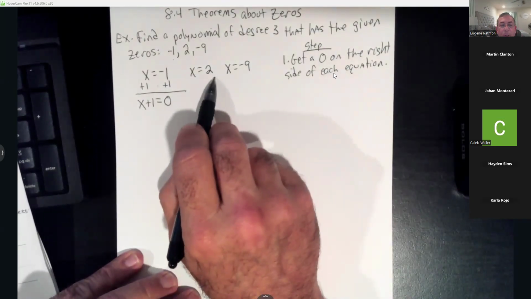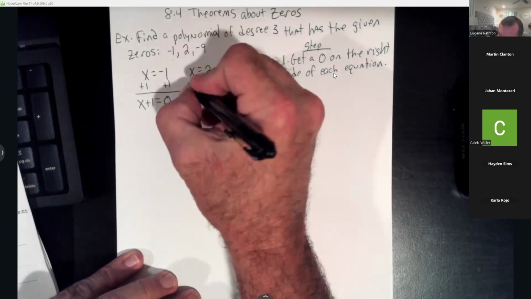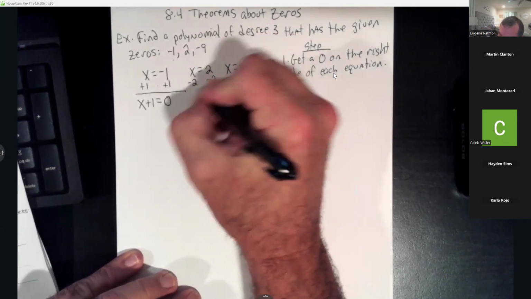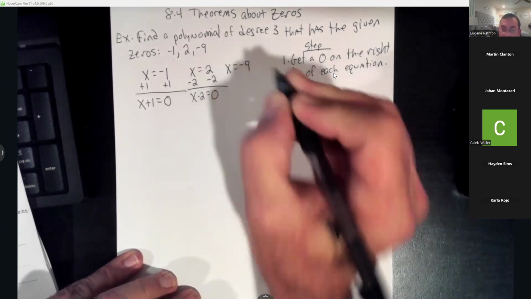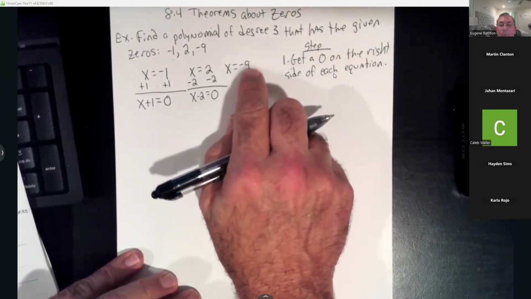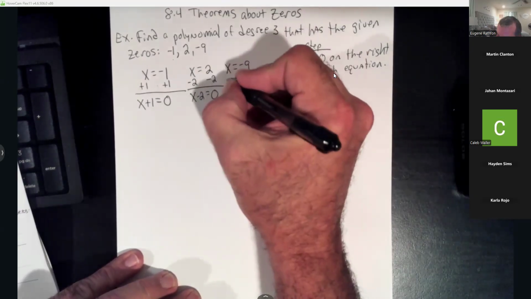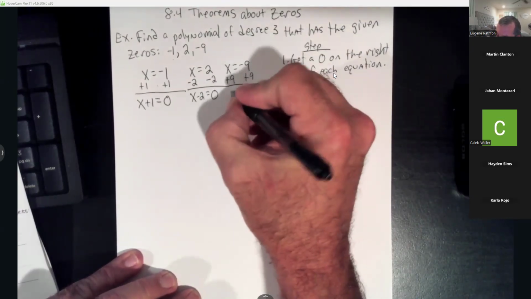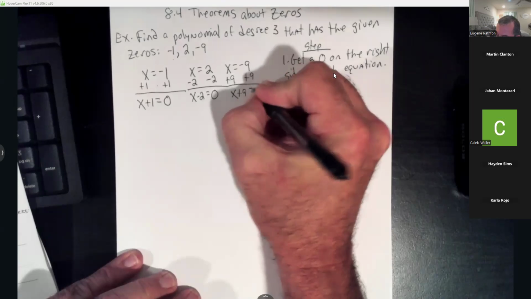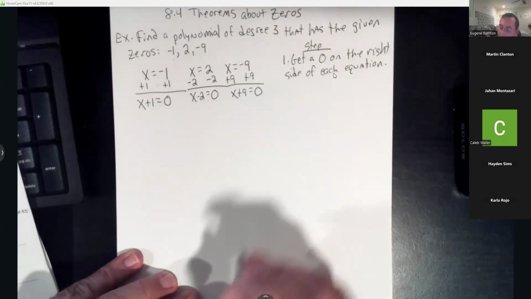All right, this one's a 2, so I'm going to subtract 2 from both sides. And that'll give me x minus 2 equals 0. And then, y'all, the last one, since that's -9, we're going to add 9 to both sides. And that'll give me x plus 9 equals 0.